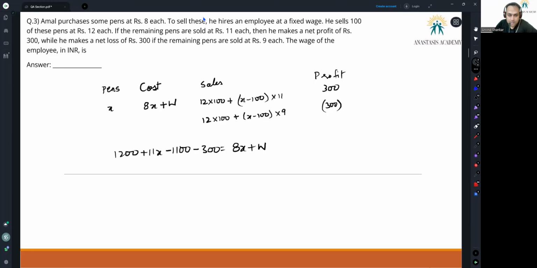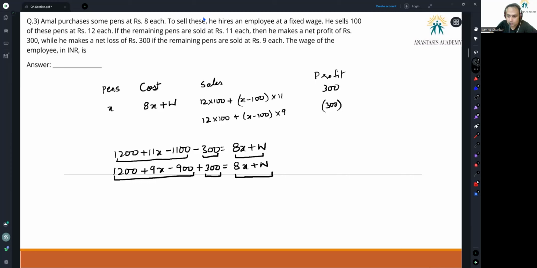In the other case, we have 1200 plus 9x minus 900 plus 300 is equal to 8x plus w. This is the revenue, this is the profit, this is the cost; this is the revenue, this is the loss, this is the cost.